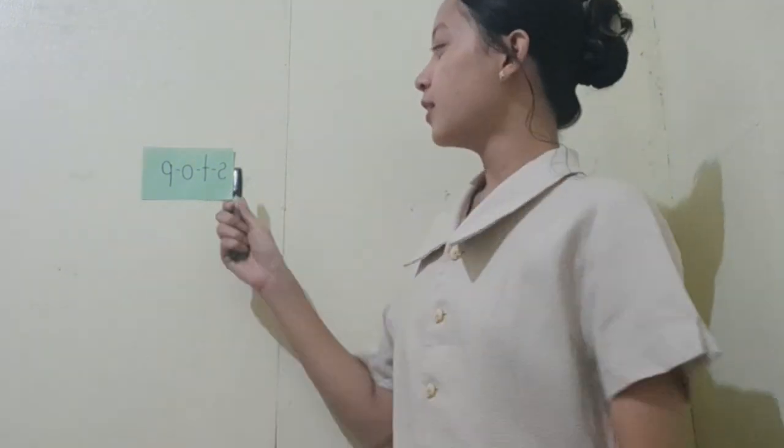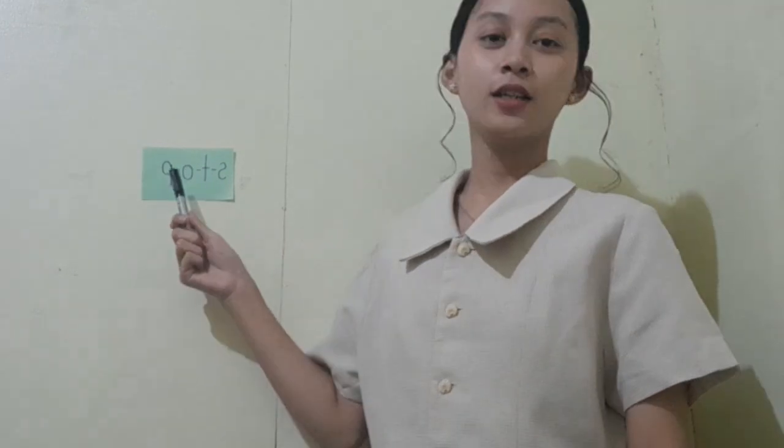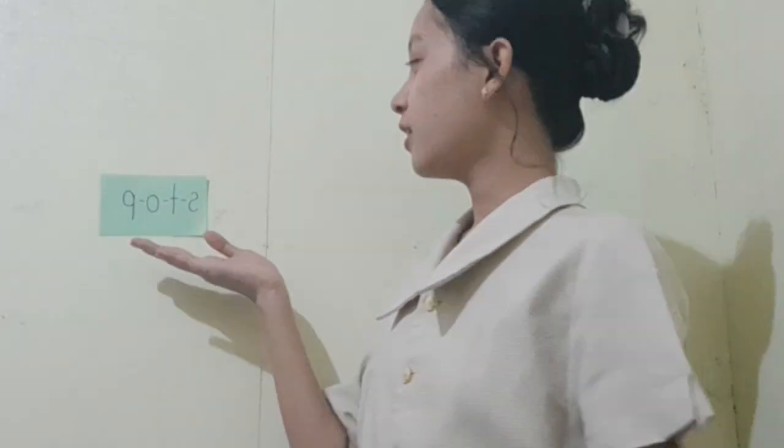Can you hear the s and the t sound at the beginning? Okay, let's say it together. S, t, o, in which makes the word stop. And see right here, this is an example of a consonant cluster.